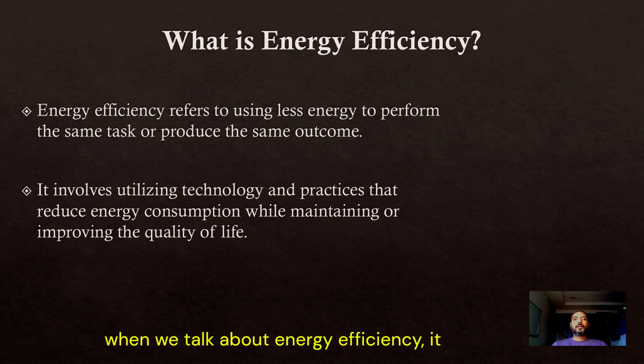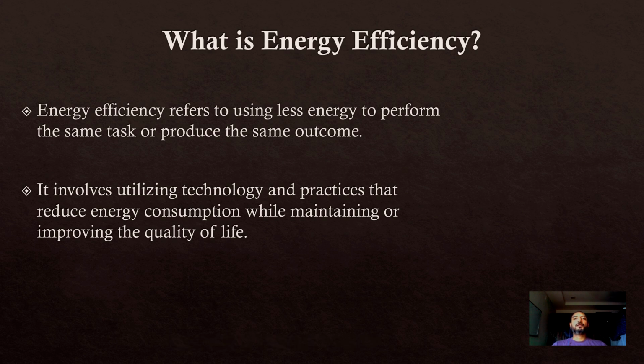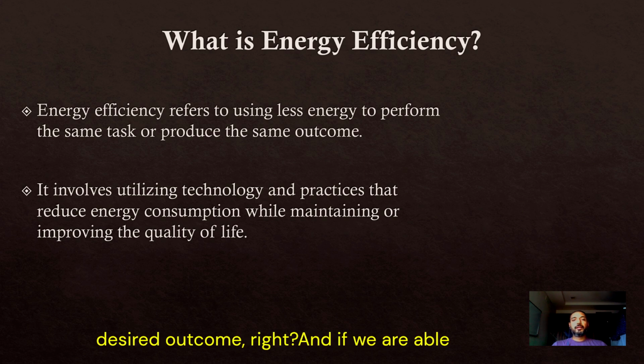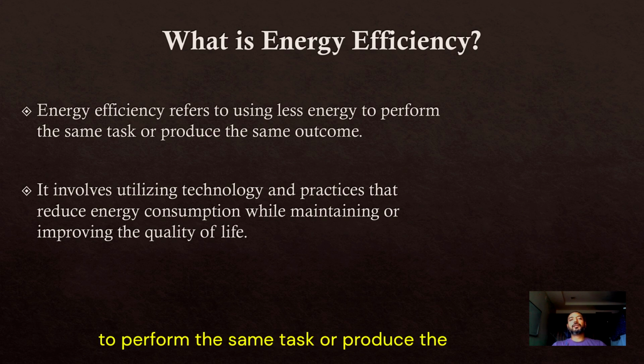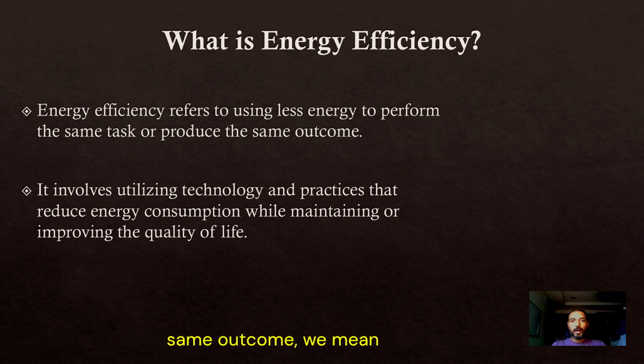When we talk about energy efficiency, it tells us about the performance of the system in terms of the outcome we are able to produce with the amount of energy we are giving to the system to generate that desired outcome, right? And if we are able to give less energy to perform the same task or produce the same outcome, we mean that we are achieving energy efficiency in a better way.